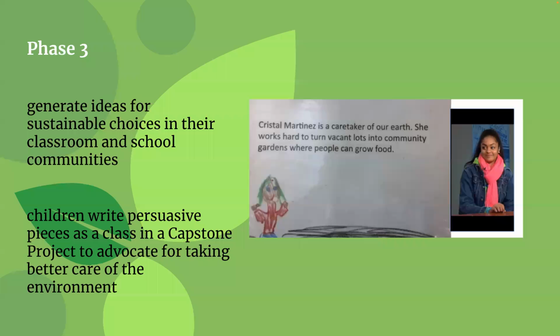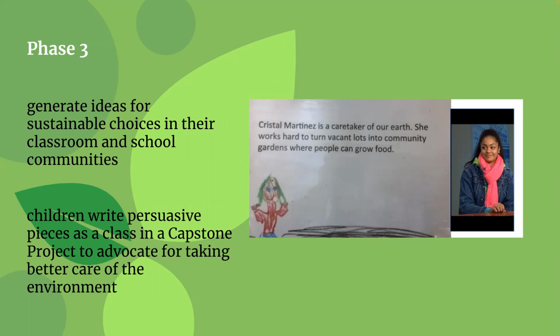The last phase of the unit is really supporting this idea of a caretaker. And here is where we shift to this thinking that there's so many things that we can do to be a caretaker of our community and our planet. You will see in the unit that there are these texts, which are actually just PowerPoint slides that are offered on the website. They're different Caretaker of Our Earth texts.